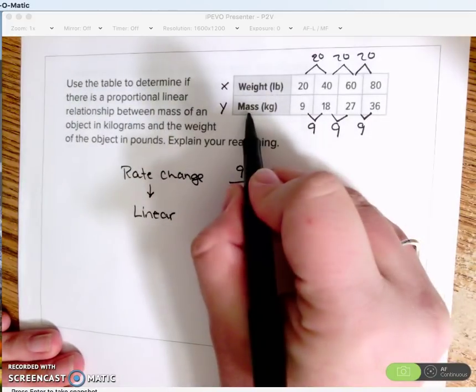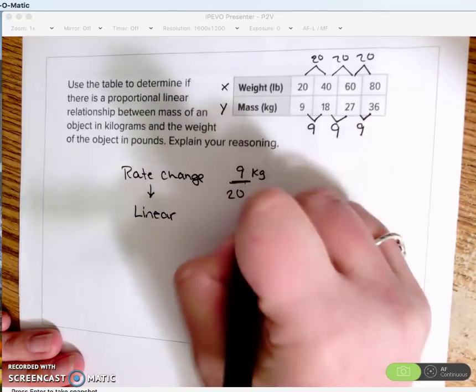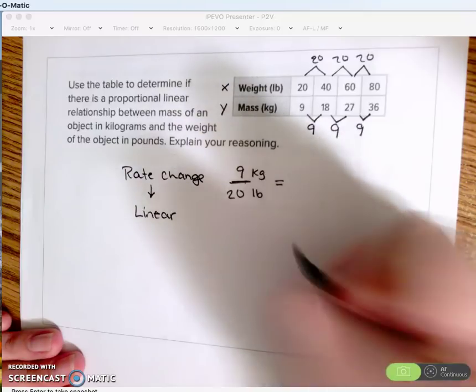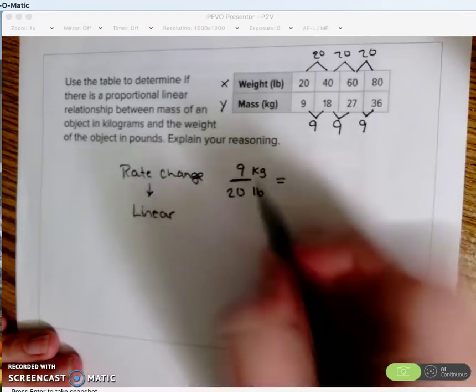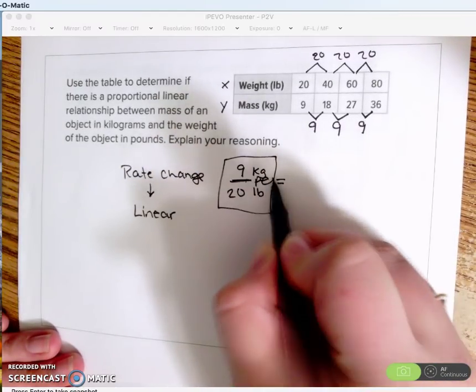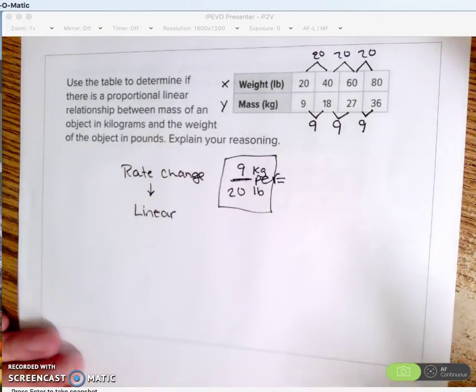Remember to label 9 kilograms per 20 pounds. And if I reduce that down, I could change it to a decimal, but I really could just leave it like this and I would say 9 kilograms per 20 pounds.